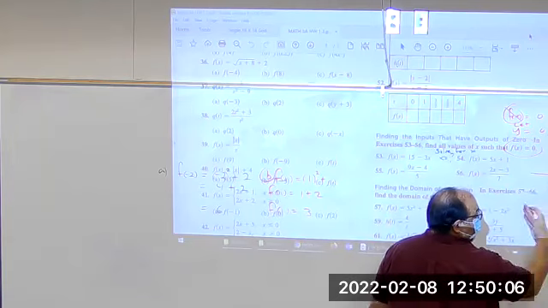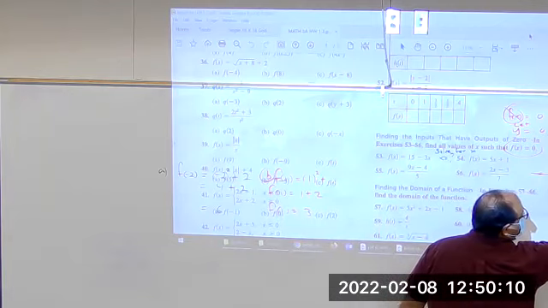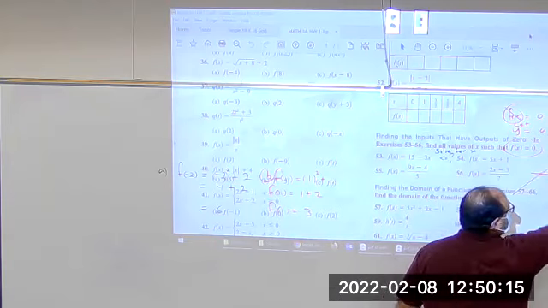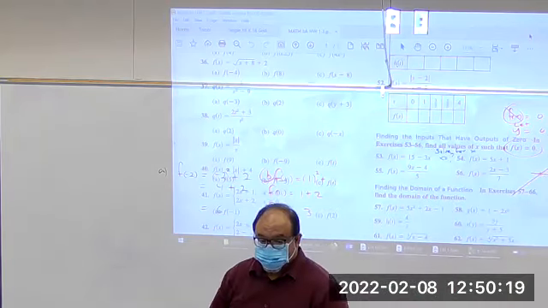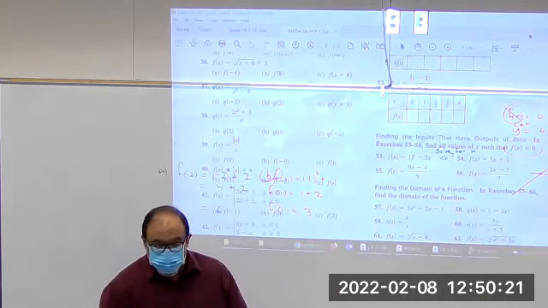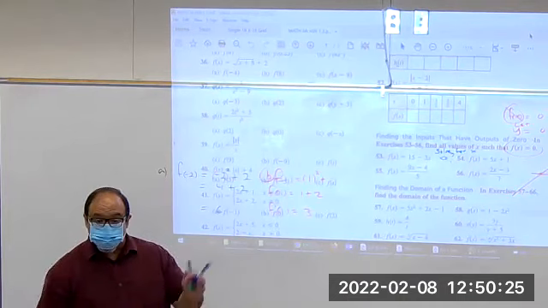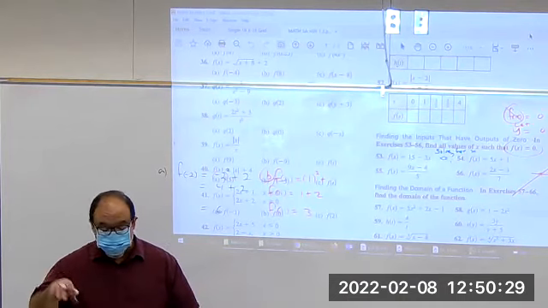And on the coordinate plane, if y is 0, that means that point is on the x-axis. So what you're finding is, where does the graph intersect the x-axis? It's the x-intercept. If you let x equal 0, you find the y-intercept. Let y equal 0, you find an x-intercept.